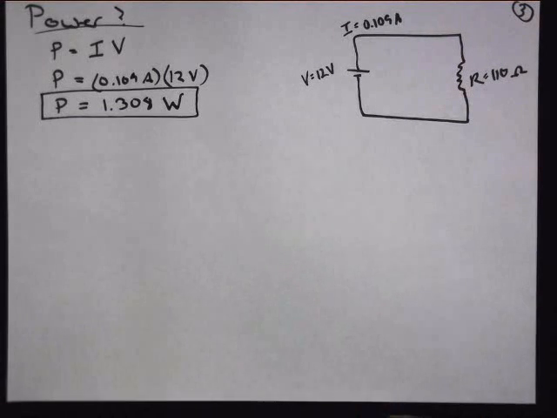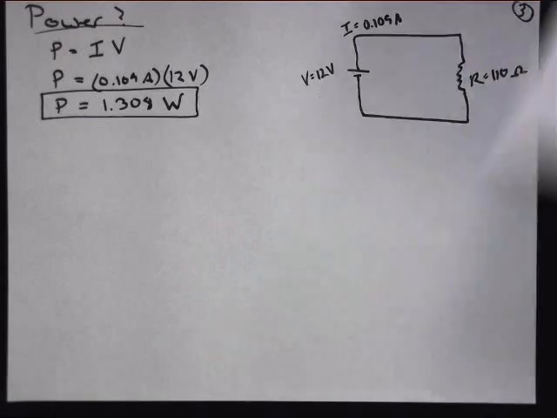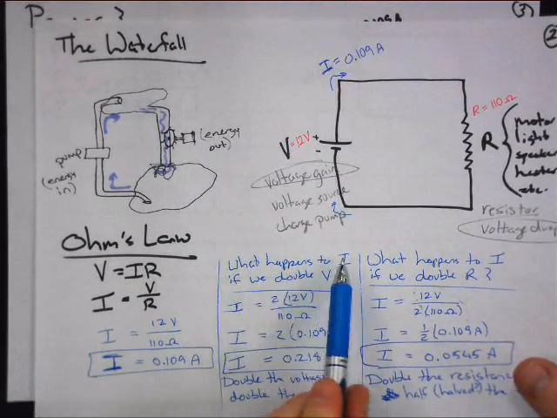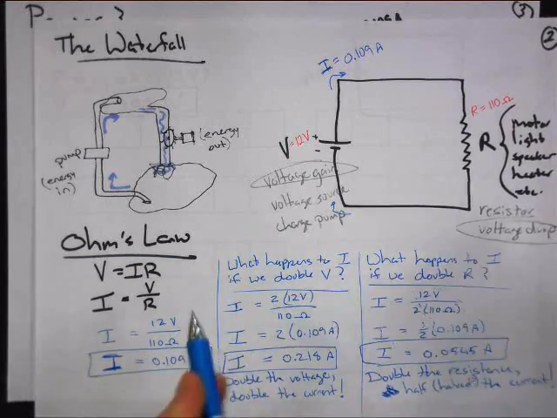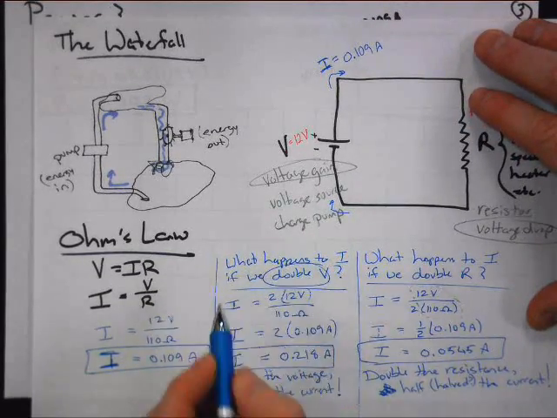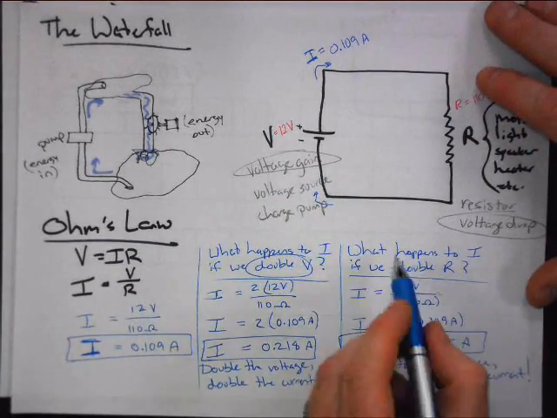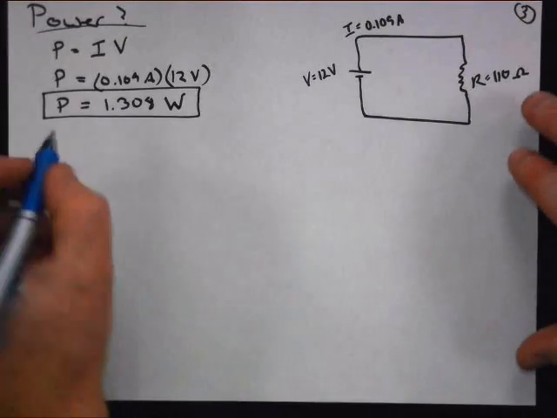Now, we just completed a couple of what-if kinds of questions, right? We said, what happens to the current if we double the voltage? We doubled the voltage. What happens to current if we double the resistance? We doubled the resistance. What happens here to the power?